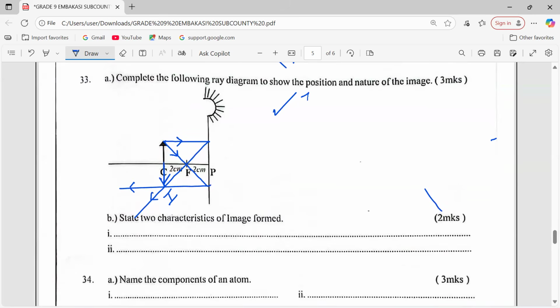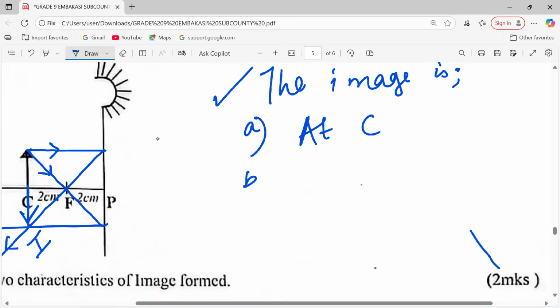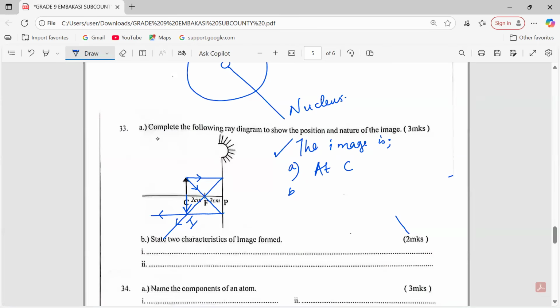One, the image is at C. The image is the same size as the object.